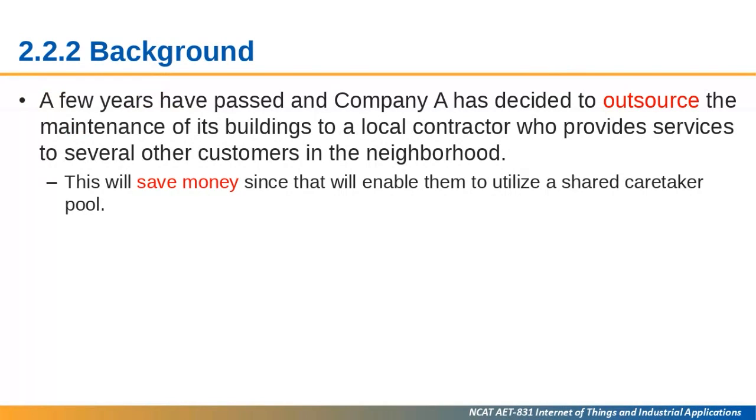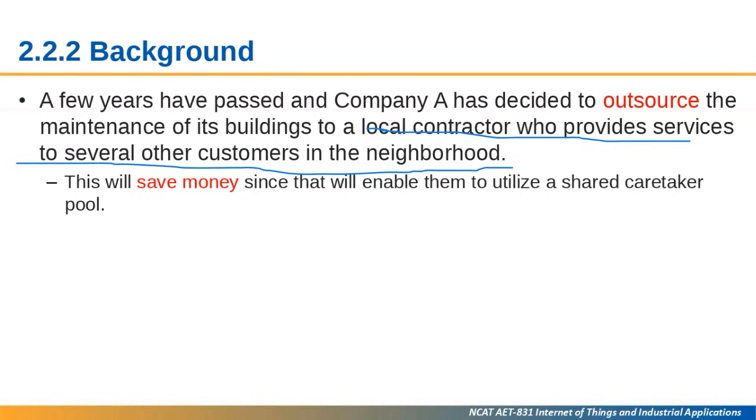So a few years have passed and company A has decided to outsource the maintenance of its building to local contractors who provide services to several other customers in the neighborhood. So do you remember this? Company B is actually providing all the services to company A, right?